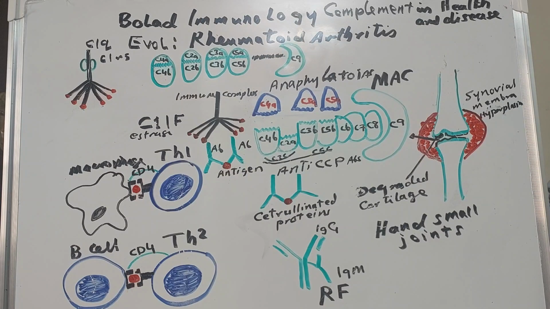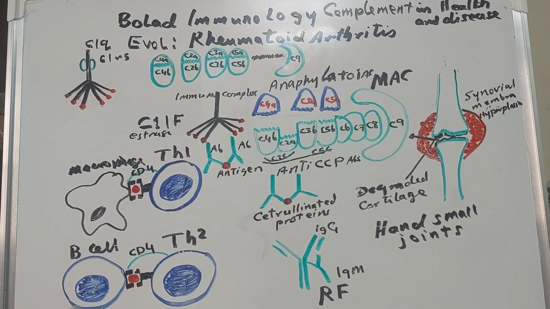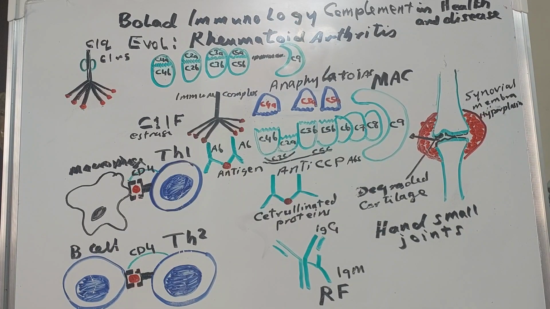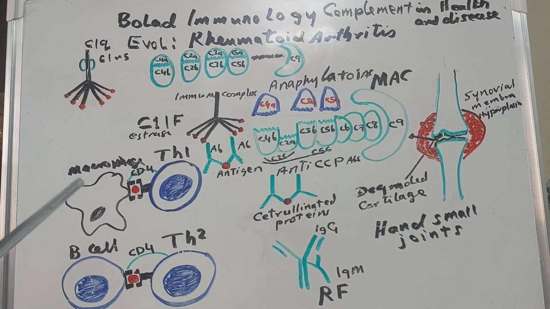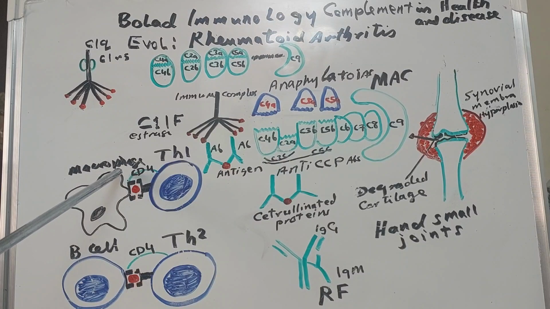However, B cells have crosstalk only with T helper 2, and as can be seen here, macrophages have crosstalk with T helper 1.